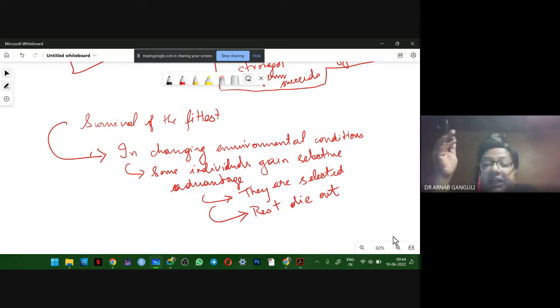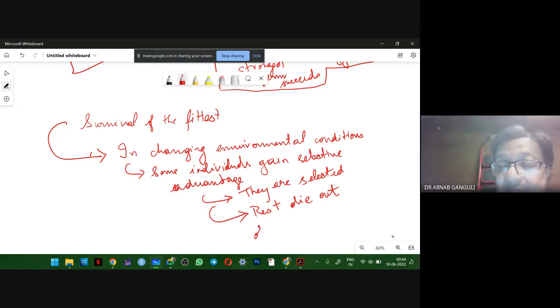For example, in a hot country, individuals who are capable of surviving in hotter, warmer temperatures will survive, and those who are not that capable will die out. Especially, this is more prominent among offsprings and children.